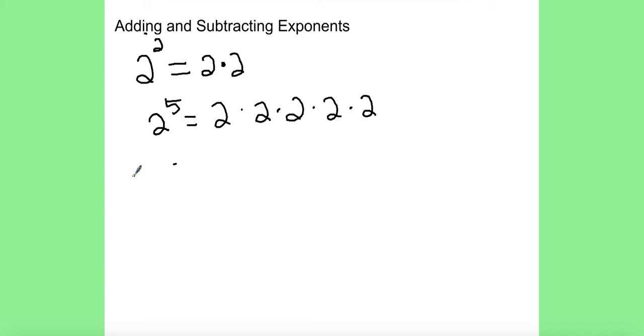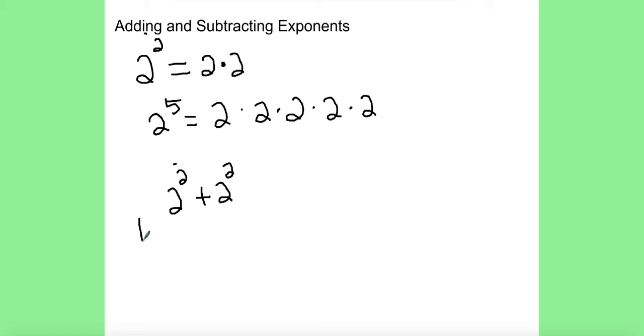Now when we're adding exponents, if we have a base that's a number that we know, like 2, and we're going to add 2 squared to 2 squared. Okay. There's 2 ways to think about this.